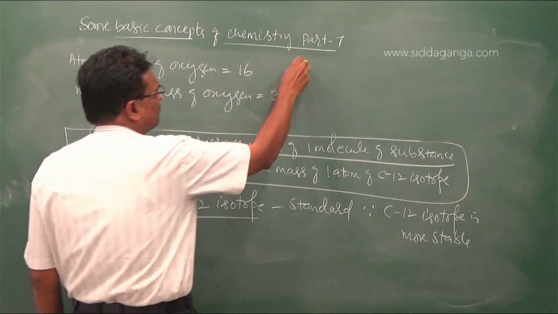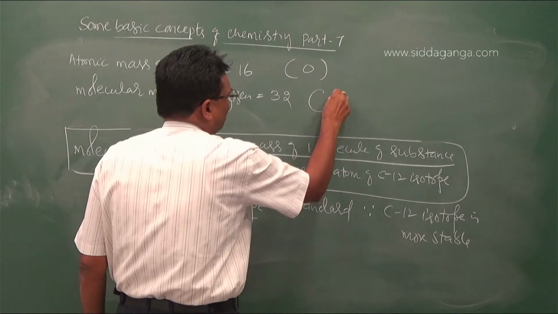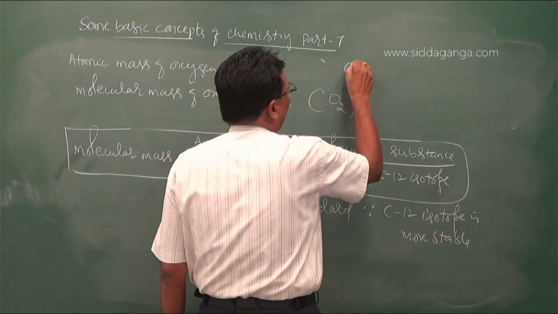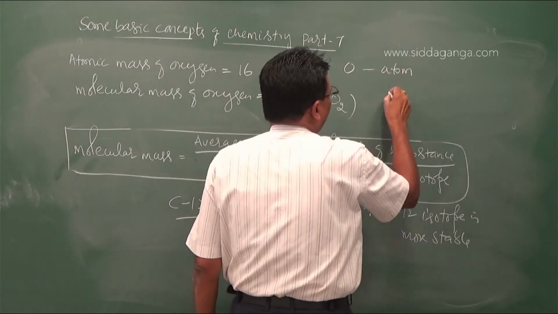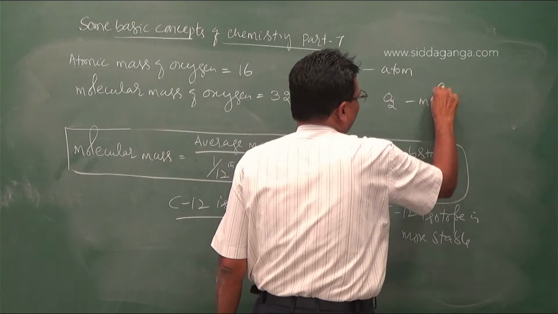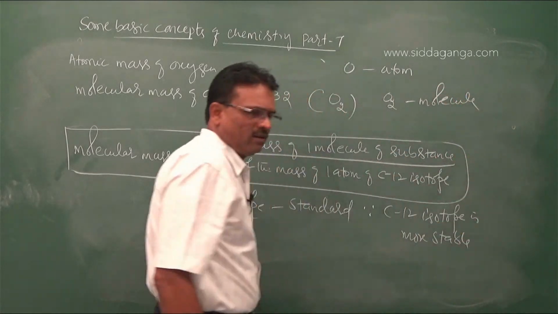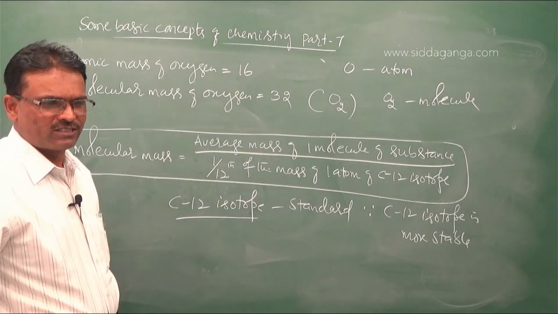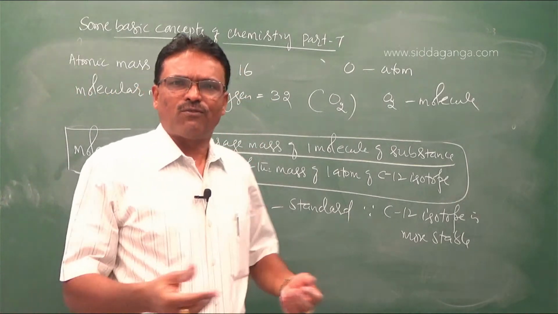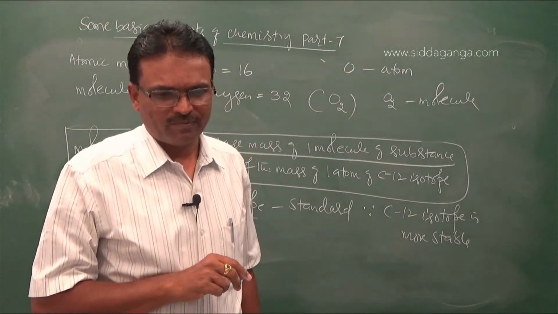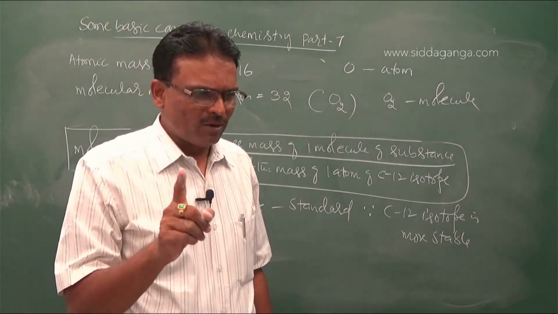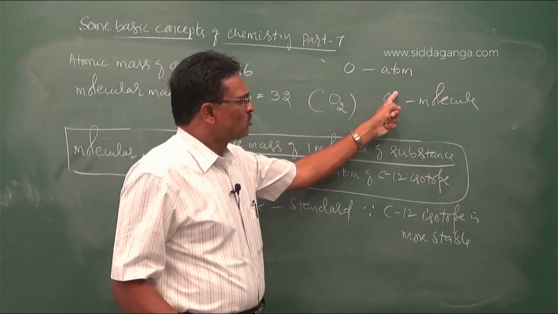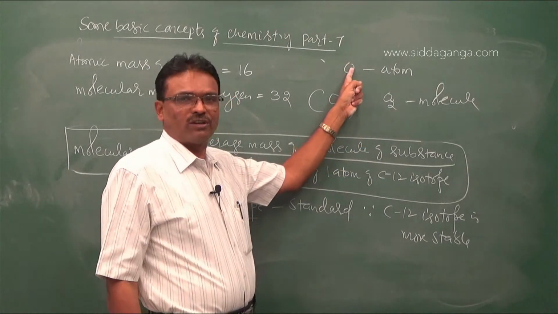So atomic mass means O. Molecular mass means O2. So O is an atom. O2 is a molecule. Clear? So atomic mass is different from molecular mass. Molecules are formed by the combination of atoms. Oxygen molecule is obtained by the combination of two atoms of oxygen.